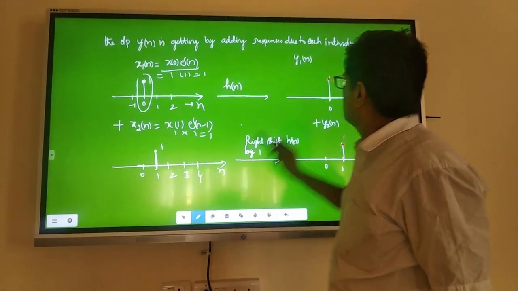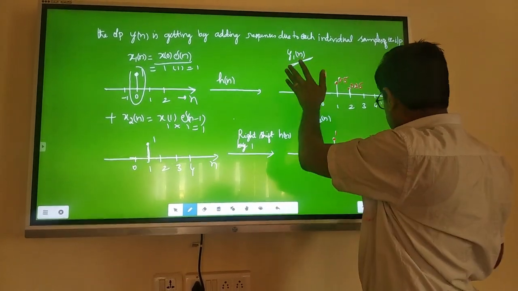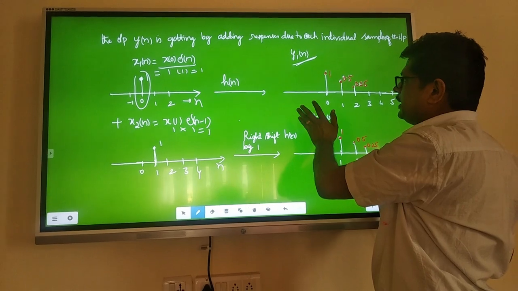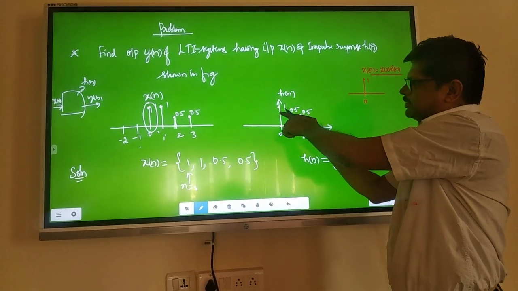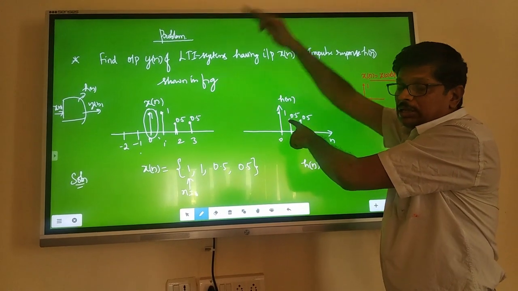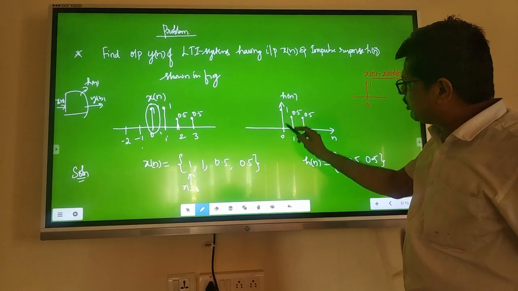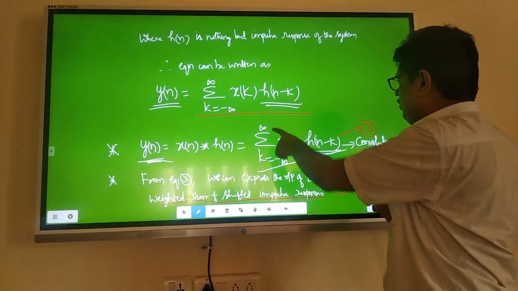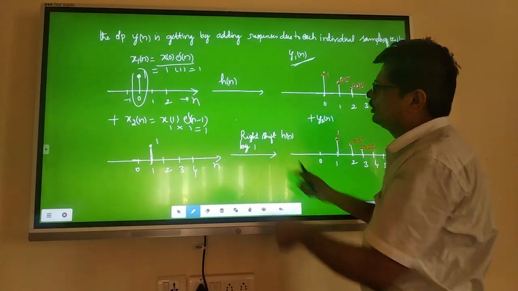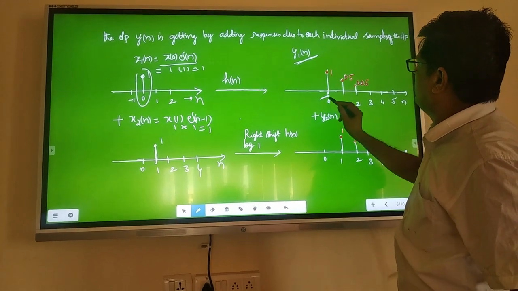Multiply each sample of h of n with that individual sample. For example, at 0 it is 1, therefore 1 into this sample at 0, 1 into 1 is nothing but 1. See this first.